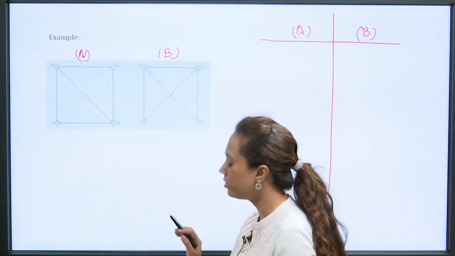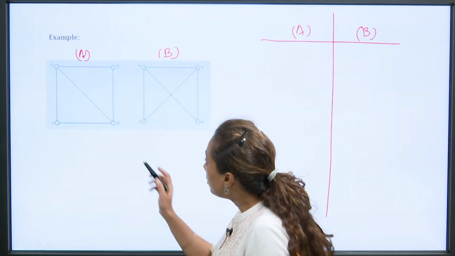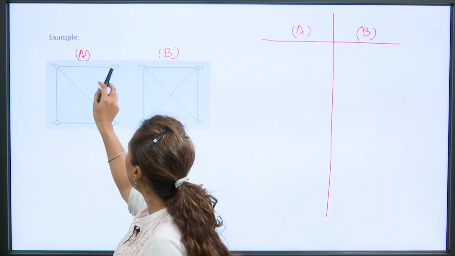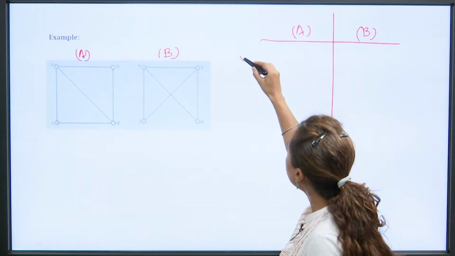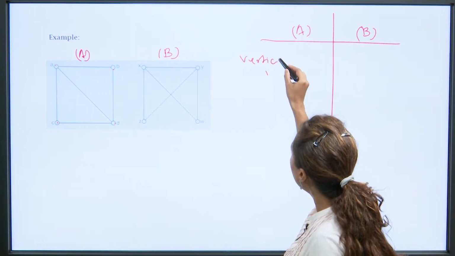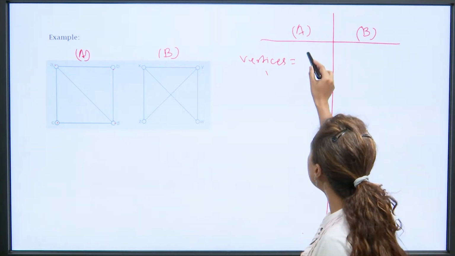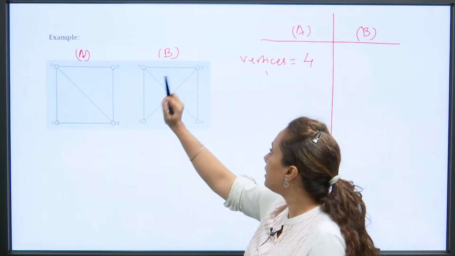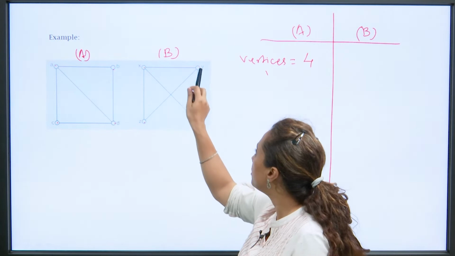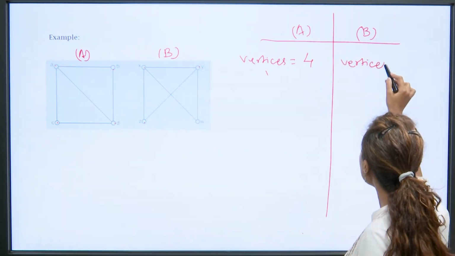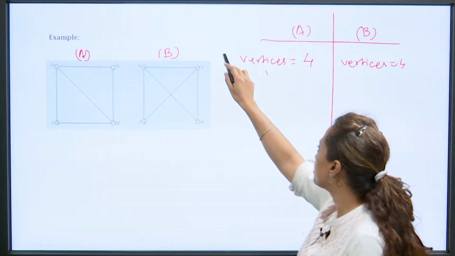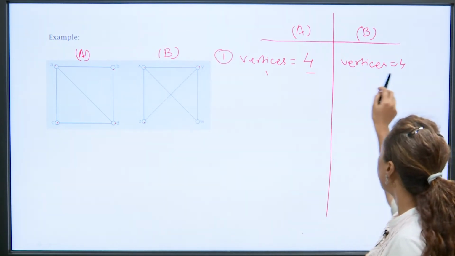So, we count the number of nodes here. A has 1, 2, 3 and 4, so the vertices in graph A are 4. Similarly, B has 1, 2, 3 and 4, so vertices are also 4. So, the first condition is met because 4 and 4 are equal, right.